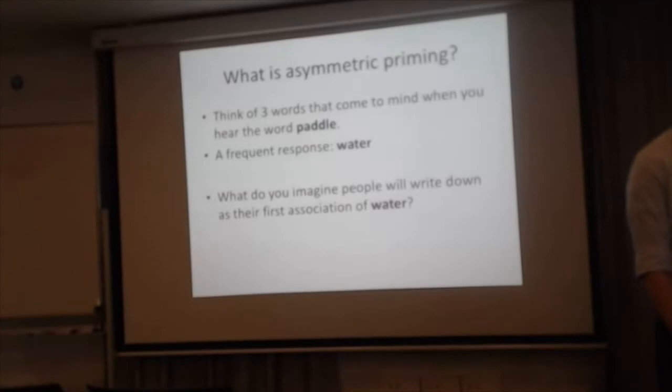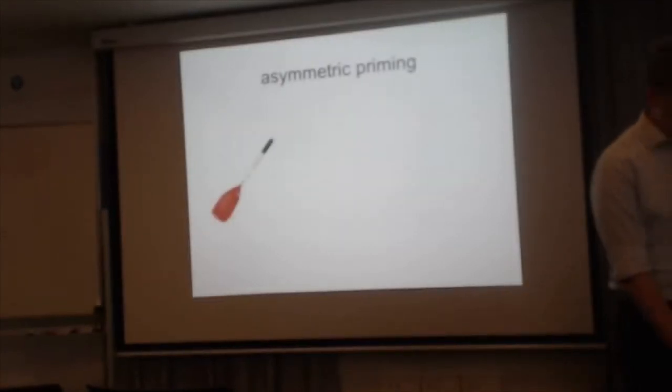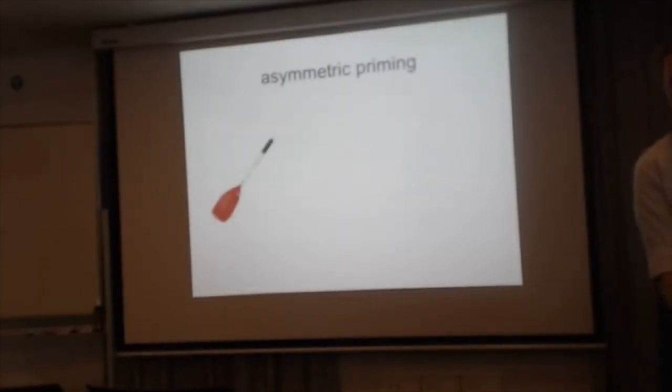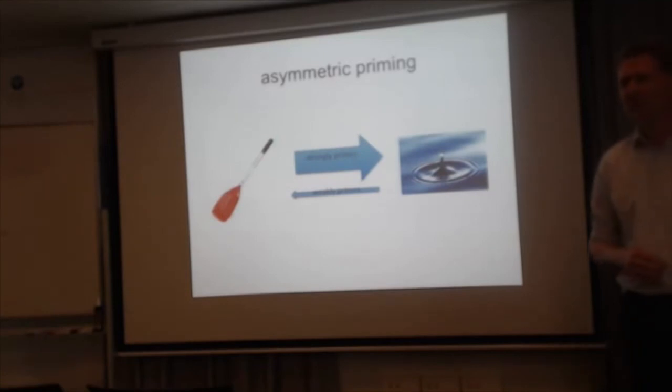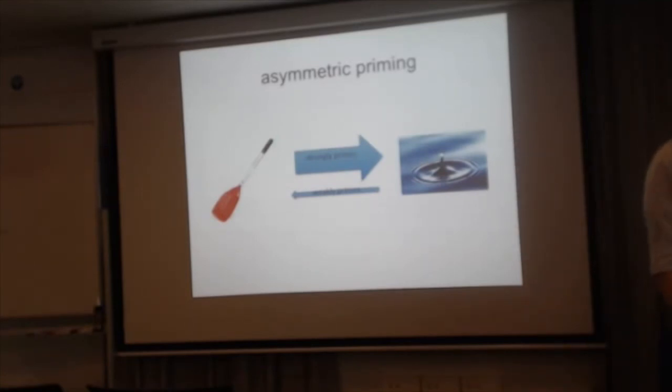Yeah? That's asymmetric priming. In a nutshell, one concept, idea, form, sound, whatever, strongly evoking a second one, but that second one only weakly, if at all, evoking the first one. Yeah? So there's this asymmetry in association strength, if you like.